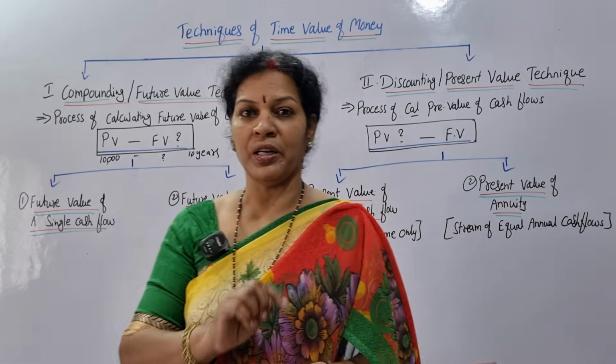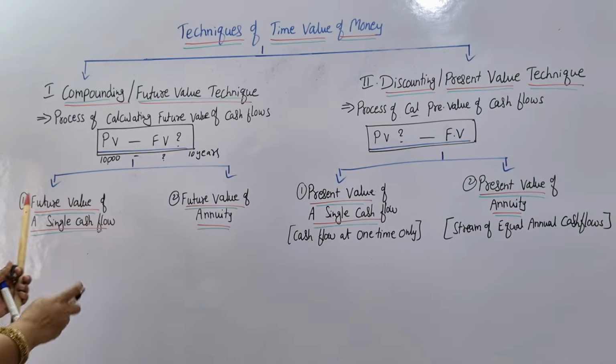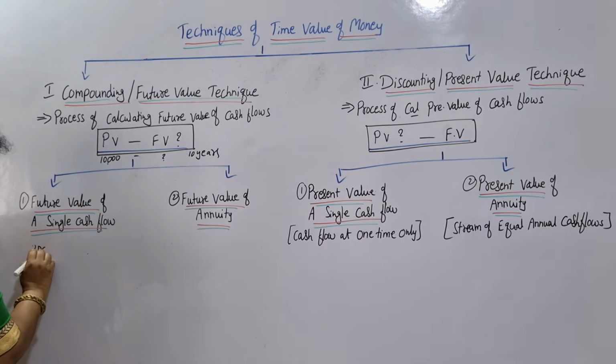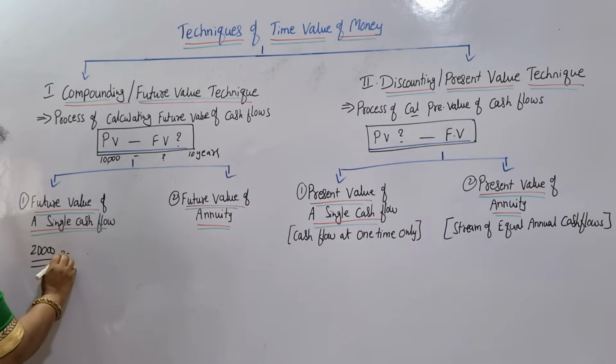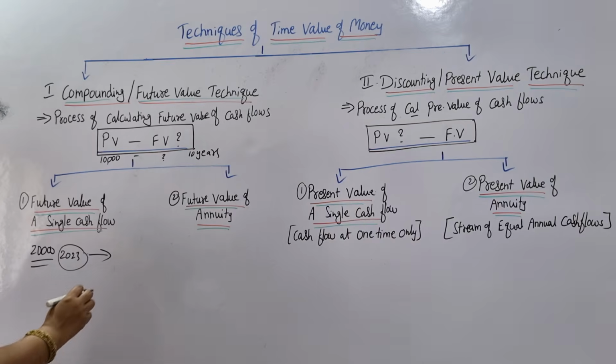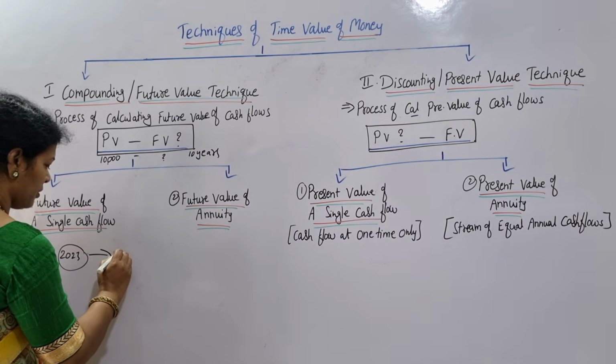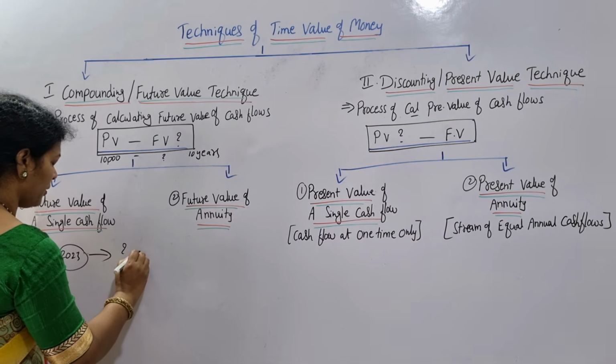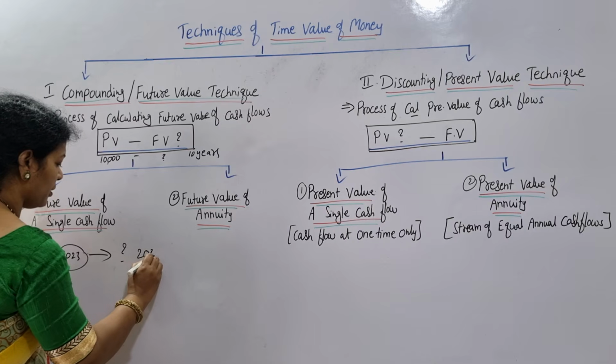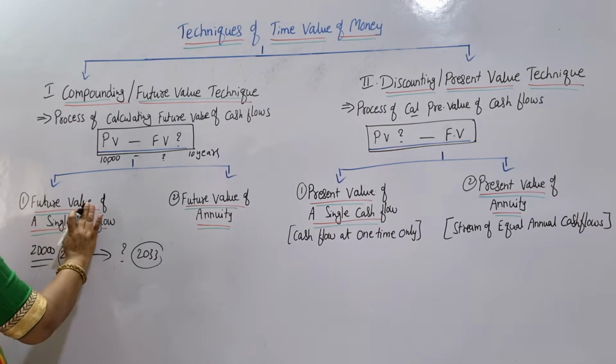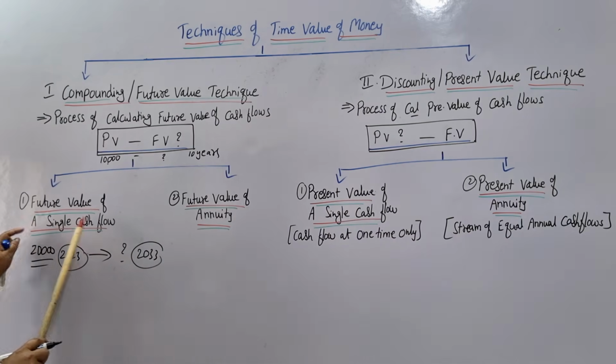Single cash flow means only one inflow I have. One inflow. 20,000 I am having at present. Which year? 2023. Future value is how much? Say after 10 years. What is the value after 10 years? Means 2033. So this is future value of a single cash flow.